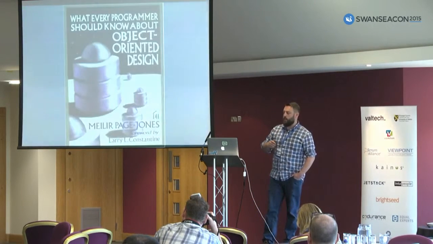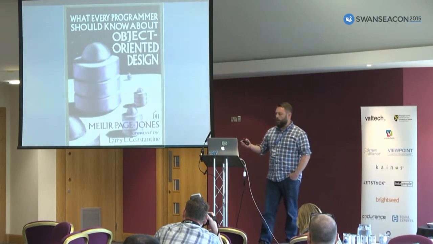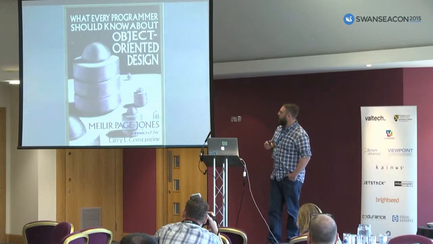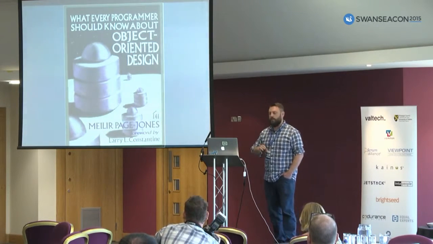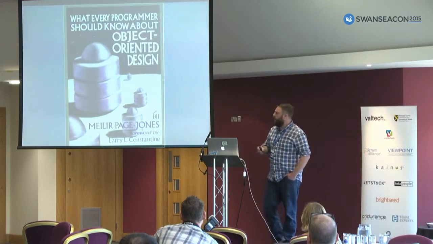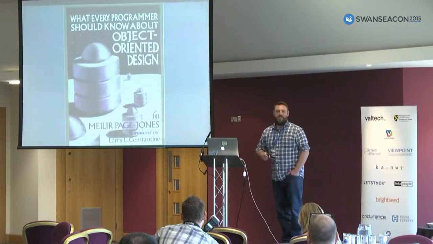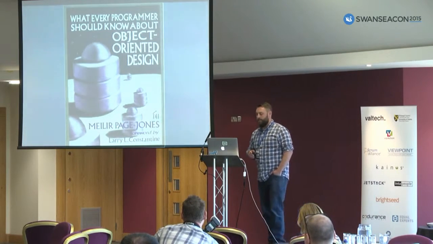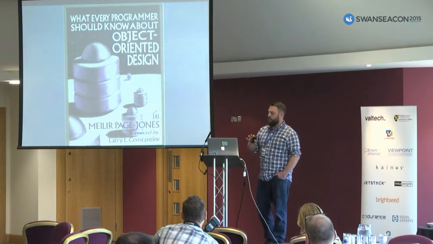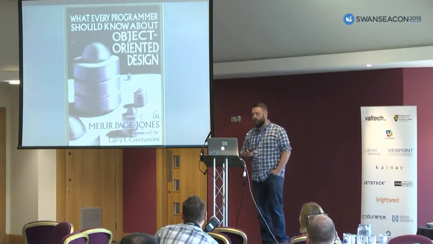Now, in the talk, he introduced Connascence, which was something that a guy called Meilir Page-Jones describes in this ancient book, like from the 80s or something, really old. What Every Programmer Should Know About Object-Oriented Design. The first half of the book is interesting, but the second half is much more interesting.